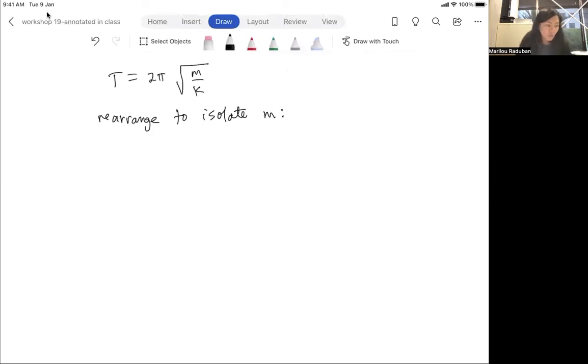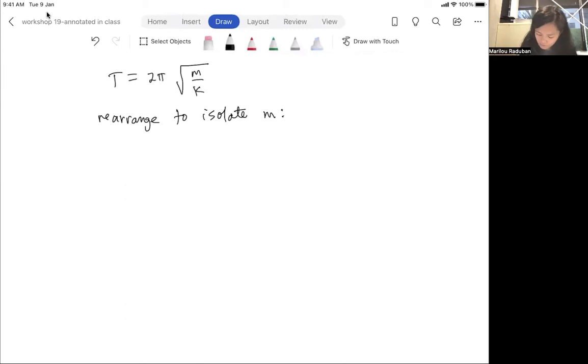I'll rearrange this using the basic method that we learned way back in week 2, where we build the equation up, starting from what we want to isolate, and then do the reverse of the building.